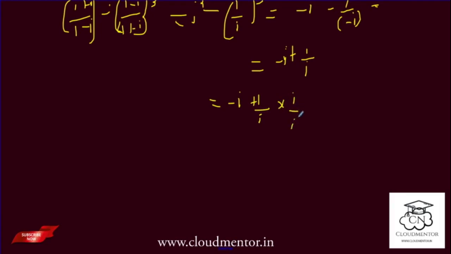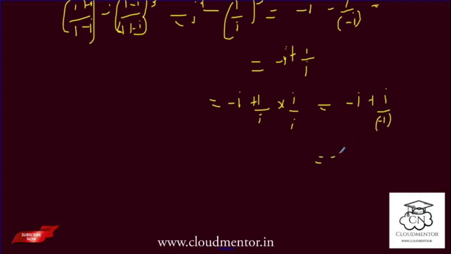Is there any difference? No, i by i is 1, there is no change, but we can now apply some formulas, that is i multiplied by i is i square is minus 1, so that term is gone. That is minus i plus i by minus 1, we get minus 1.